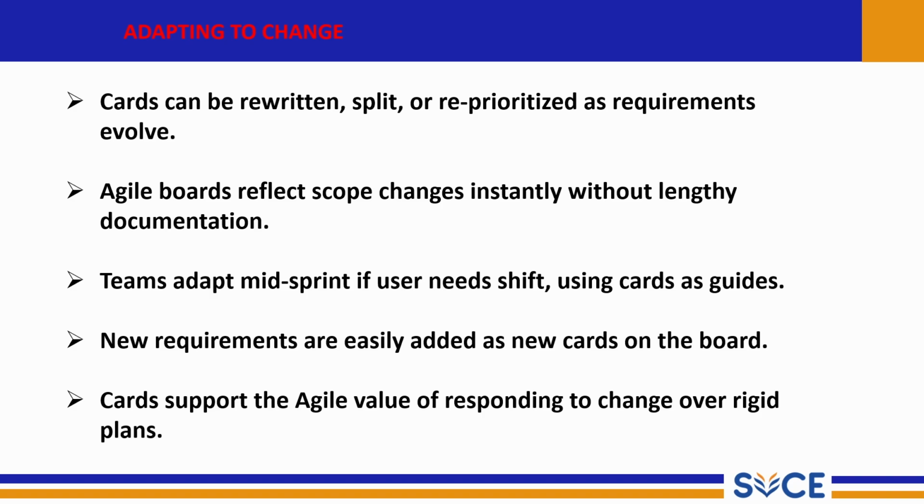Teams adapt mid-sprint if user needs shift, using the cards as guides. Cards guide the changes on the fly. New requirements are easily added as new cards on the board. Just add another card when a new feature is needed. Cards support the agile value of responding to change. They make agility real in daily practice.